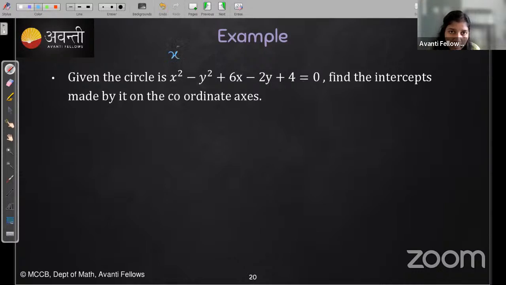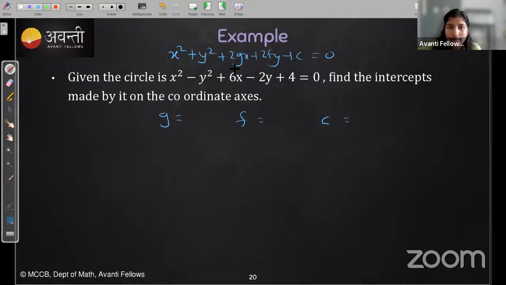Comparing this with our standard equation, x squared plus y squared plus 2gx plus 2fy plus c equal to 0, tell me what the g value is quickly. Answer me in the chat box. What is the g value? What is the f value? And what is the c value?